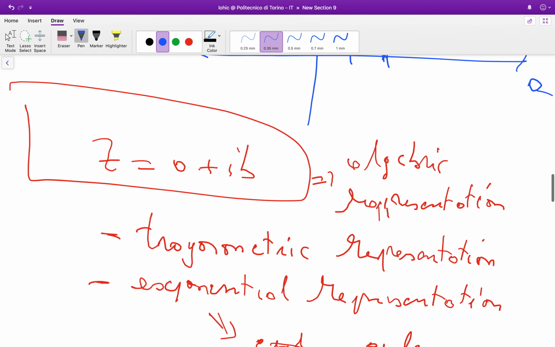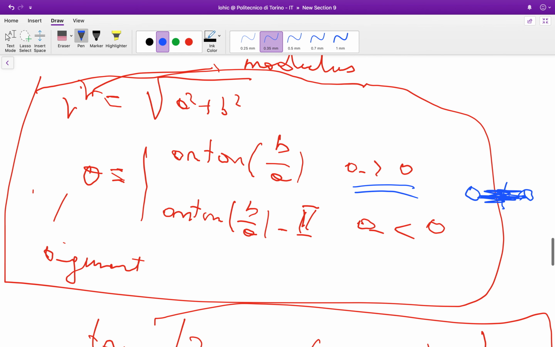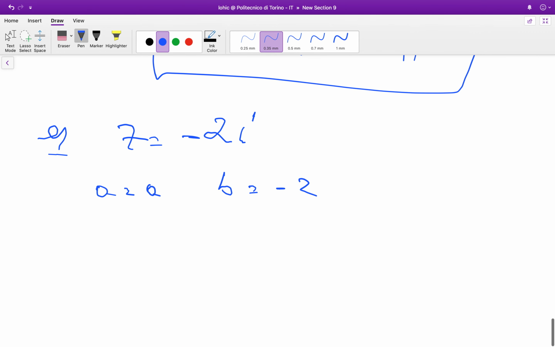We can use also this formula, the formula we can write here when a is greater or equal to 0. So r first will be the square root of 0 square plus b square, where b here is minus 2, right?